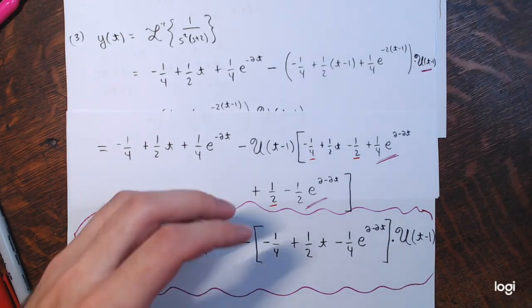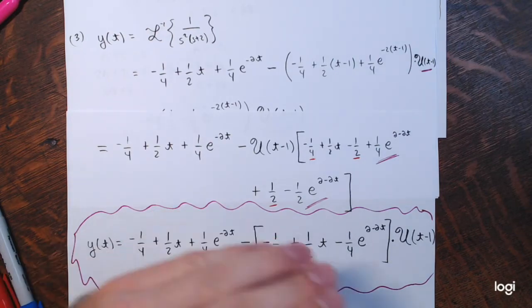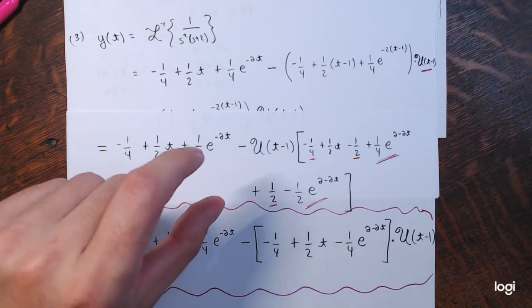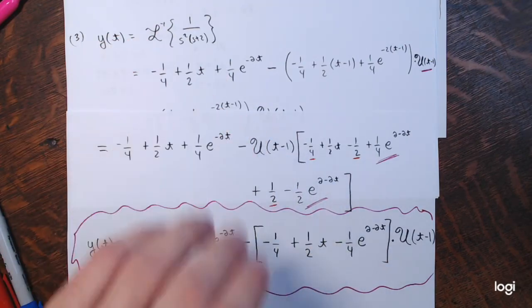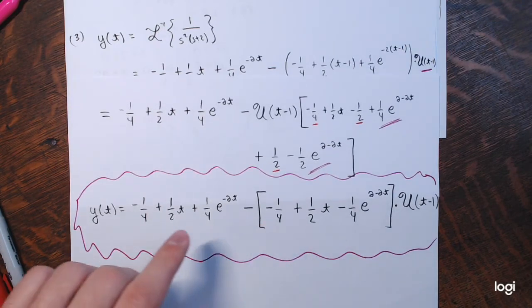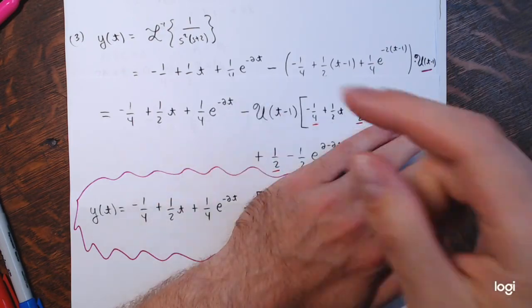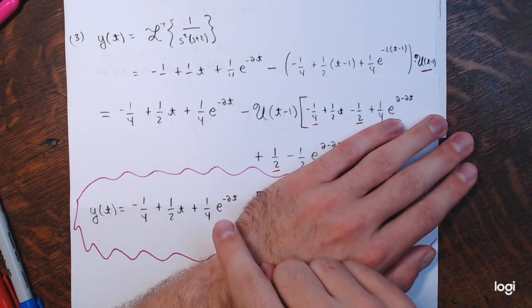And you could again break this up and write this as a piecewise defined function if you wish. You know, y of t equals something between t equals 0 and 1, and y equals something else when t is greater than or equal to 1. I'm not going to get into that here because that would involve some more addition. When t is less than 1, the unit step function would be 0, so this function is the solution when t is less than 1.